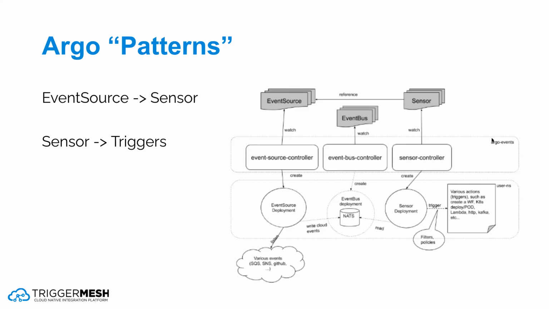The system is changing quite a bit from maybe six months ago when I looked at it. Now they added an event bus based on NATS, and it's very interesting because this is starting to look a lot like Knative Eventing, and it's also a bit sad for all of us in the community that we end up with two different projects. But you have this concept of source, this concept of bus, and then this concept of trigger.